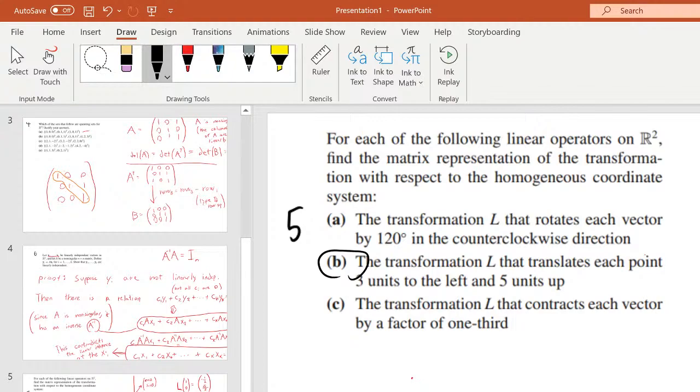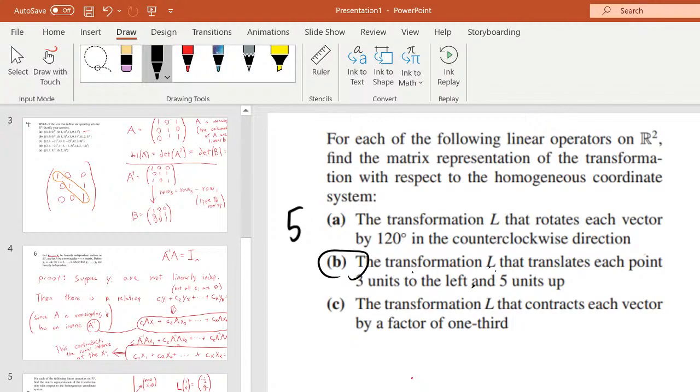So what we're going to do is think of points in R2 as vectors x, y, 1. The reason we're doing this is that we can then model this particular linear transformation by a matrix. So let's think of what it does.